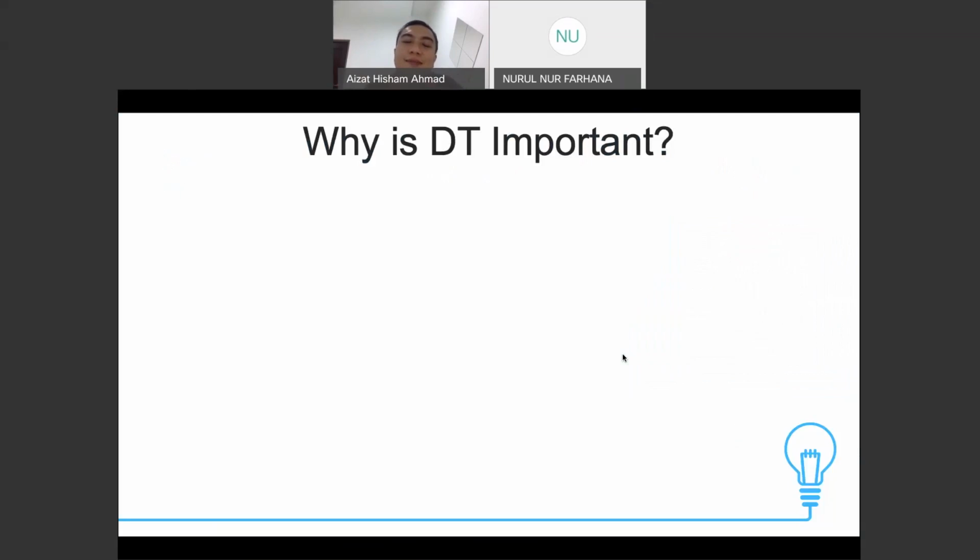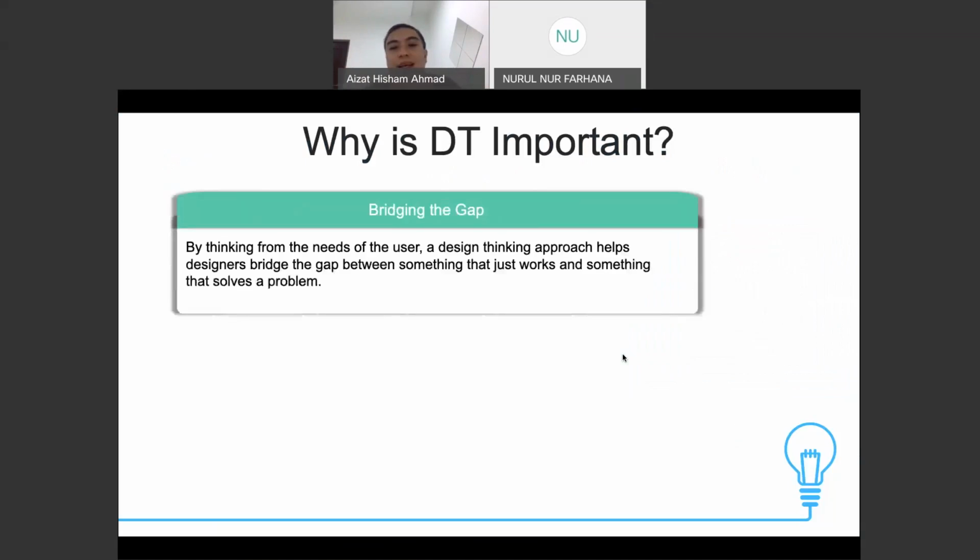All right, so in the beginning it was more on the conceptual overview, let's call it, of DT. Now, the whole idea of design thinking is to bridge the gap. Okay, you might have heard what I mentioned earlier in the beginning.